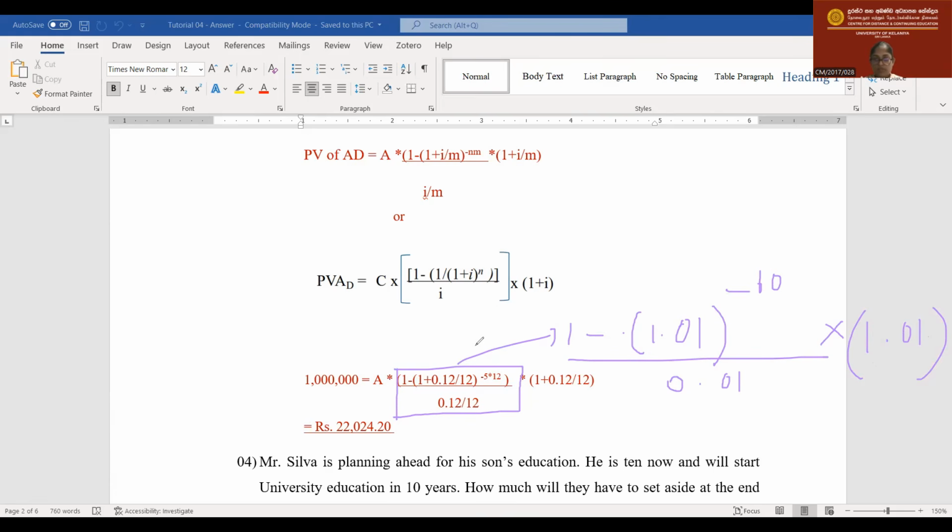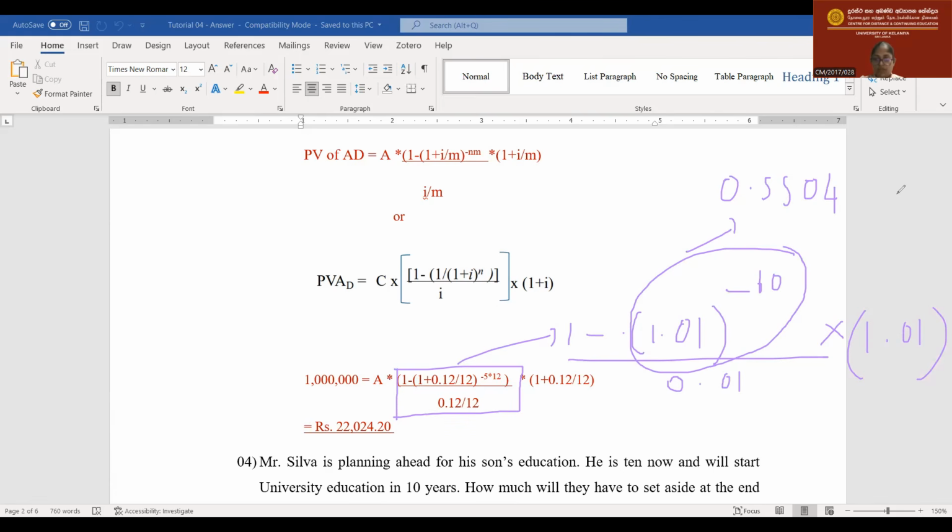How did this minus 60 come? Minus 5 multiplied by 12. Then you can obtain for this part the answer as 0.5504, or else the long answer would be 0.5504496159. This is the answer.